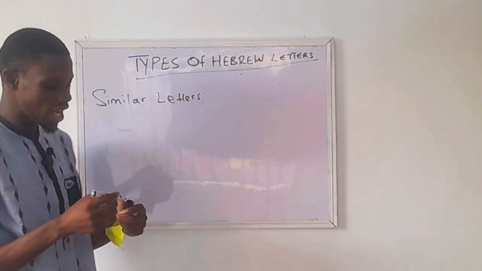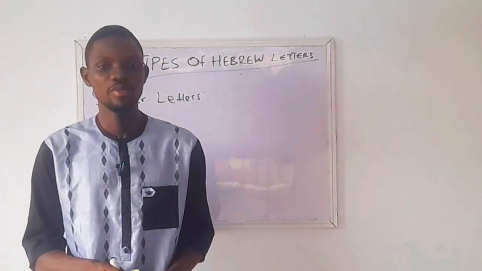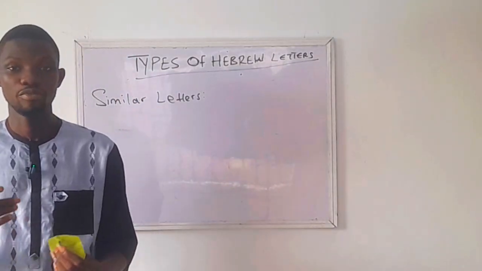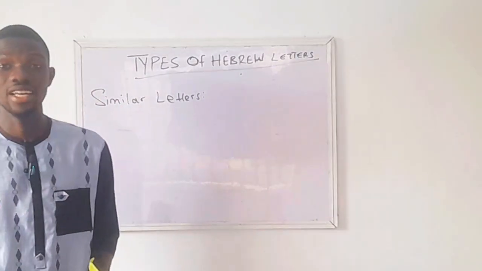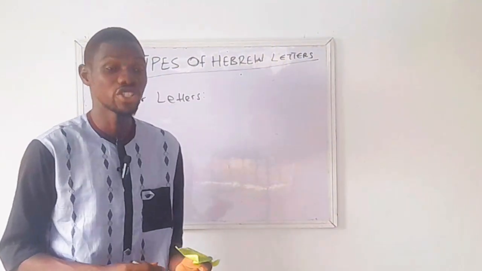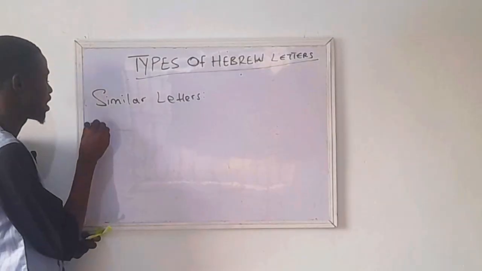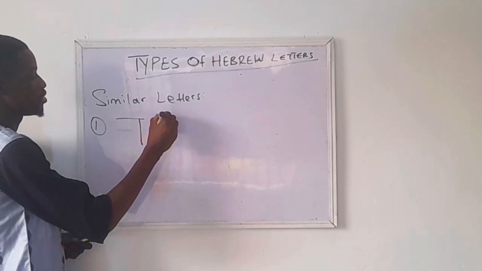Now, if you look at the way I've been writing the letters, you feel like, oh, they don't look similar. But if you begin to read, and you see some font styles, you will realize that they actually look so much alike. For example, you have letters like Dalet, letter D, and Resh.